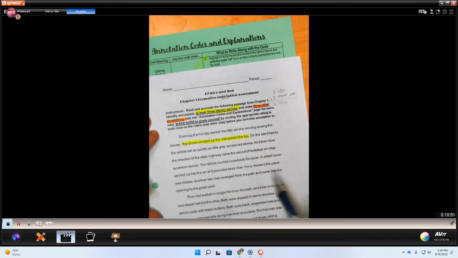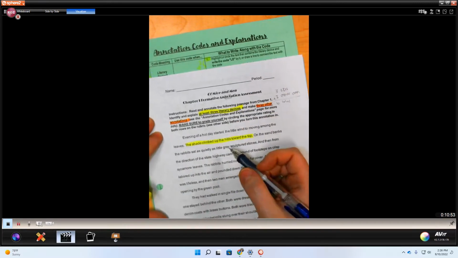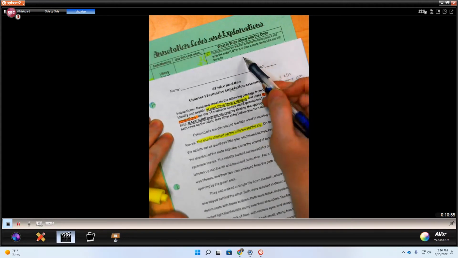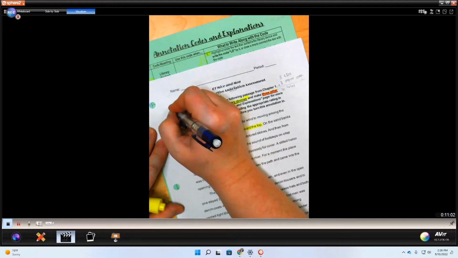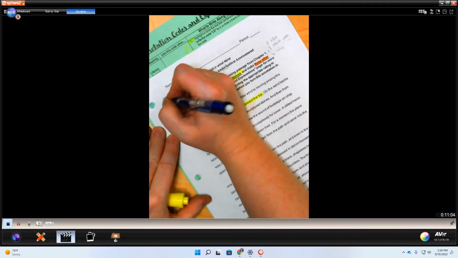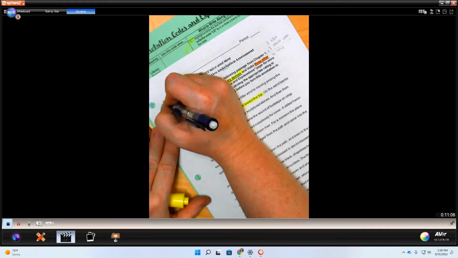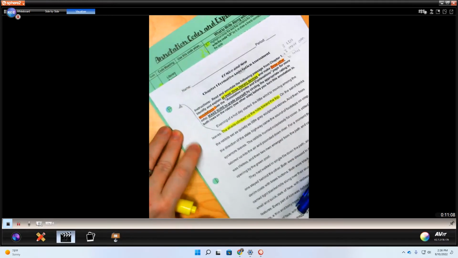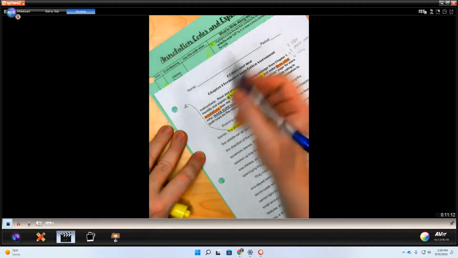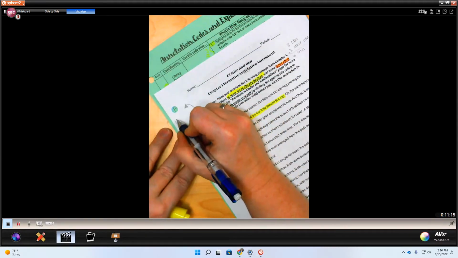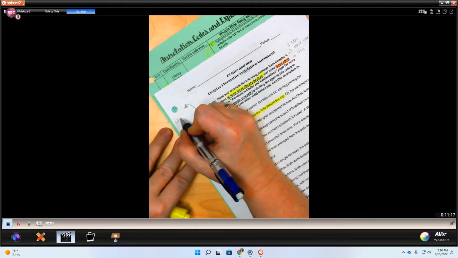Then I need to write the code LD by it, and I can draw a line to connect the text with the code. So I'm going to draw a line and an arrow to show where the annotation for that highlight is in the margin. There's my arrow. I've done number one, I've highlighted, and I'm going to put the code LD, which stands for literary device.